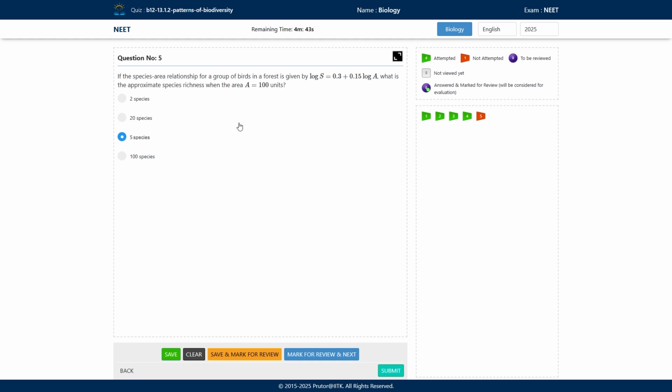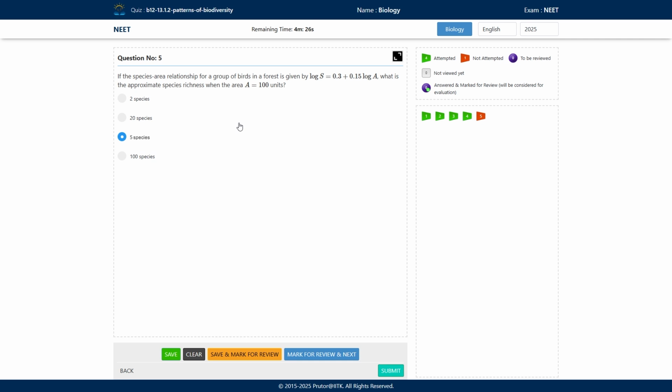After solving this you will get log S equal to 0.6. After taking the anti-log of this you will get the value of 4, which is approximately equal to 5.